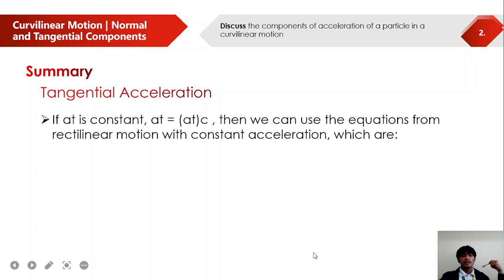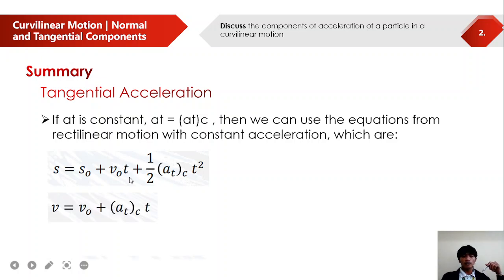You know that already. If a sub t is constant and equals a sub t c, we can use the equations from rectilinear motion with constant acceleration, which are these. If the tangential acceleration is constant, we can formulate these formulas using integral calculus to solve for the constant acceleration.